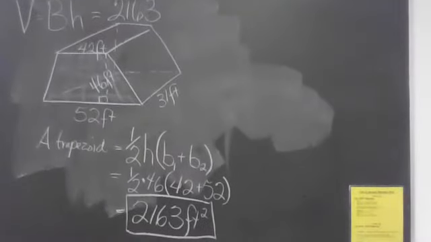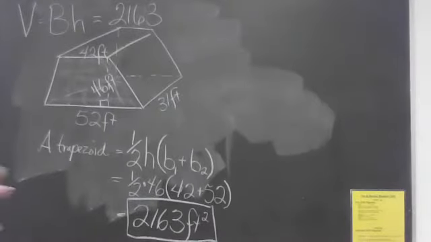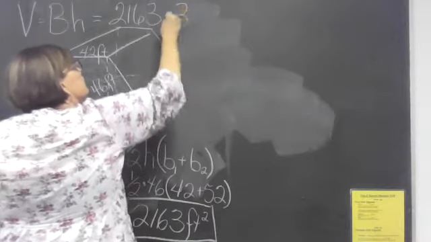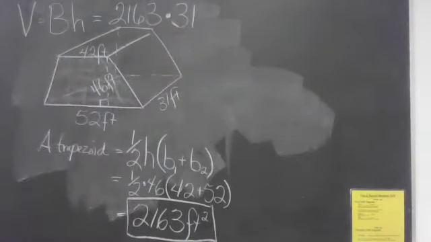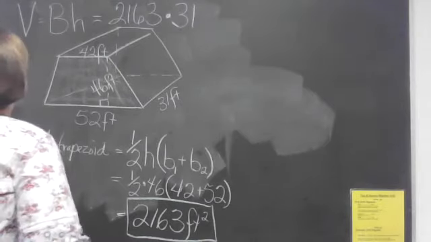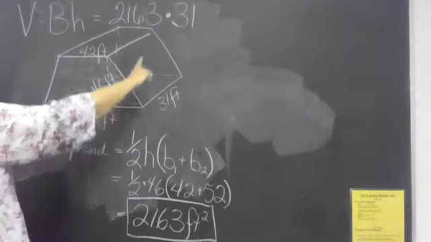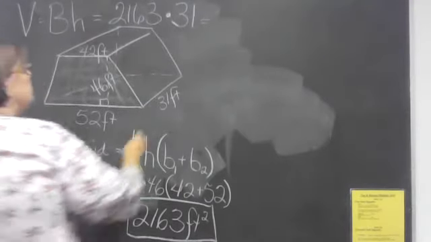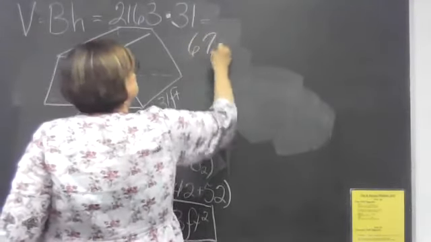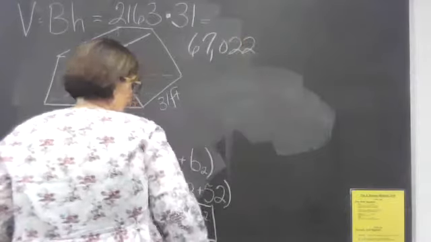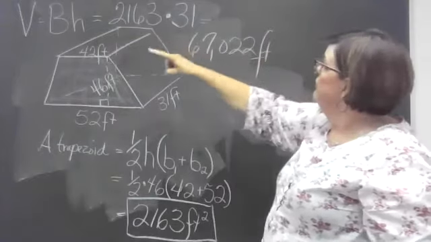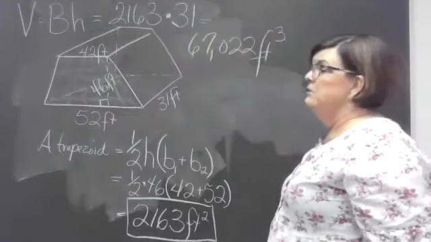My screen isn't big enough to hold it all. 2163 times the height of the prism now, which is 31. So the volume of this prism equals 67,022. We're dealing in feet. And since we're finding volume, it's cubic feet or feet cubed.